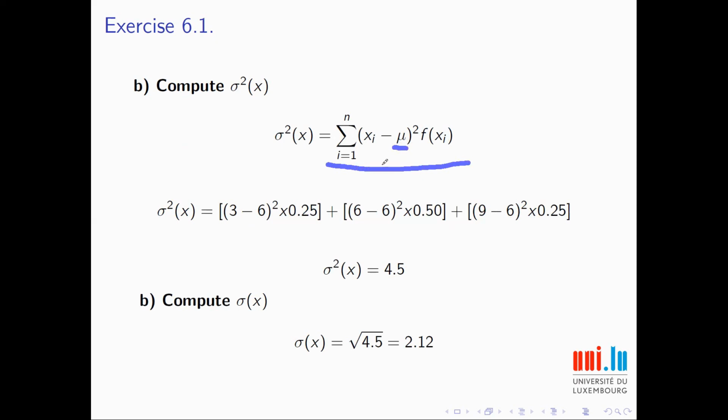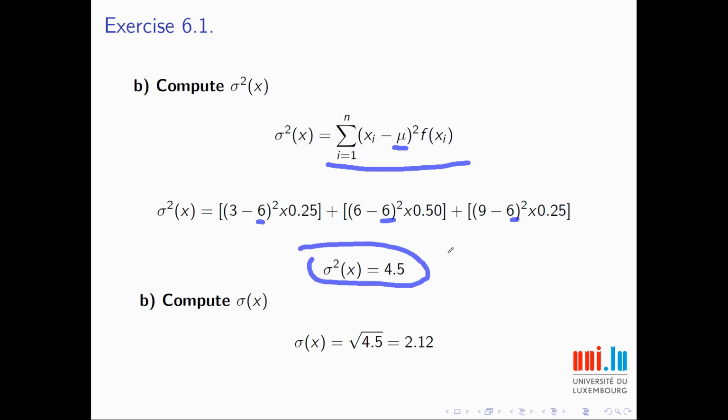We subtract the mean from each observation, raise it to the power of 2, and multiply it by its probability. We sum it up, and we get that the variance, the dispersion, is equal to 4.5.